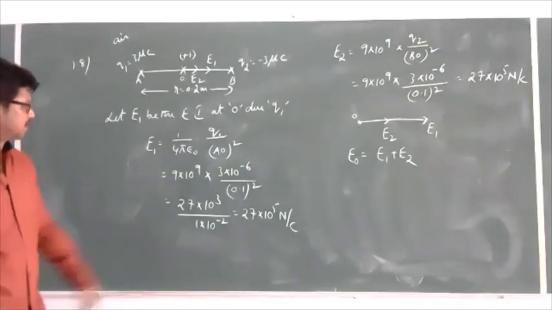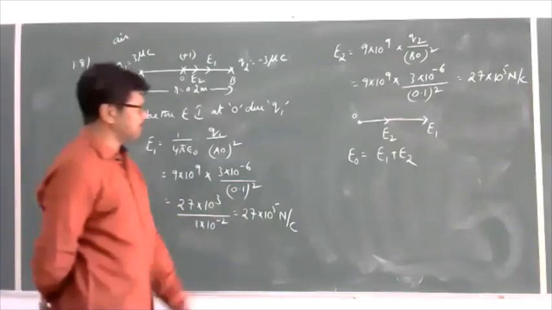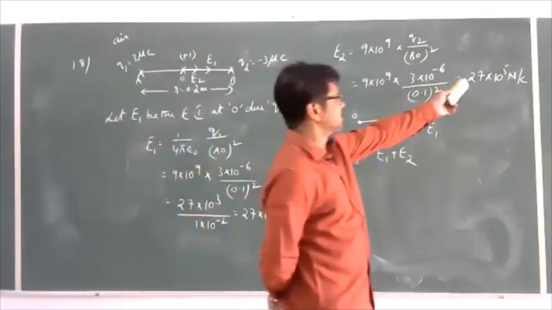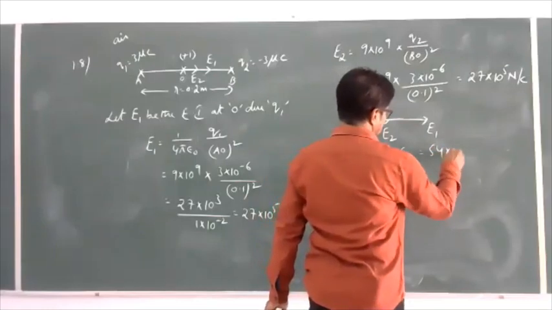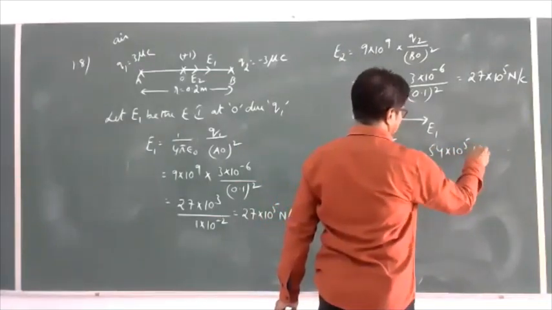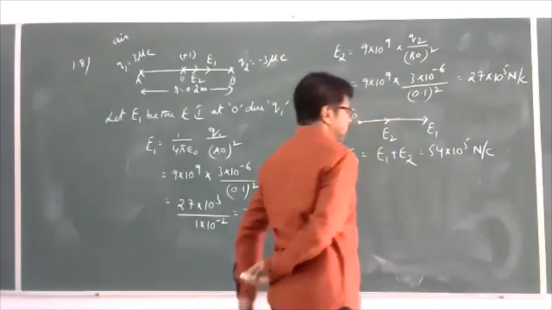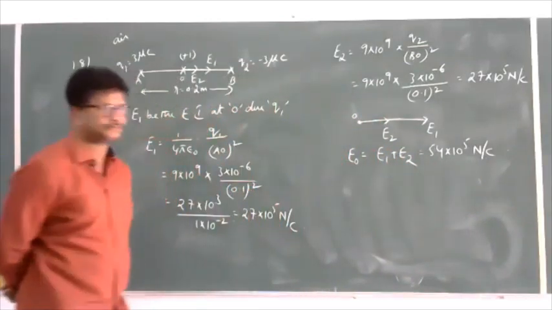E1 is equal to 27 into 10 to the power of 5, E2 is also 27 into 10 to the power of 5, which is equal to 54 into 10 to the power of 5 Newton per coulomb.